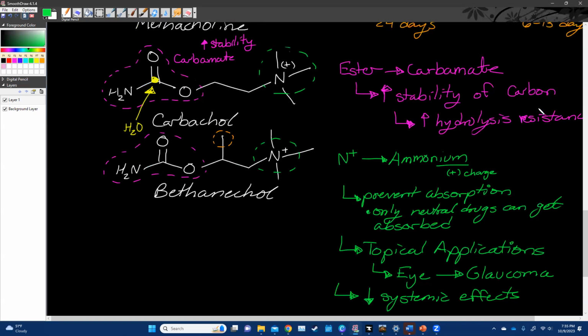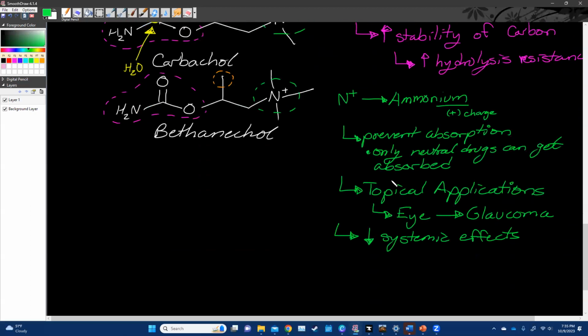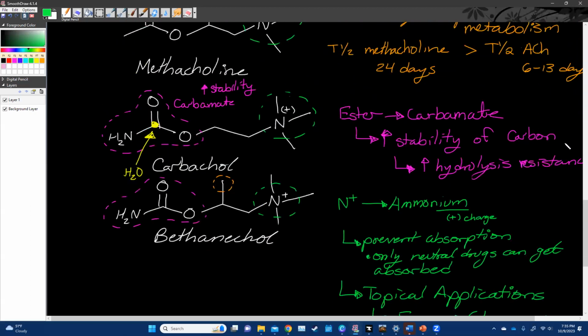Carbamate is going to increase the stability of the ester and increase hydrolysis resistance, no matter what drug it's in. So don't focus so much on what's in the actual structure. Focus more on what each component does, which is why I broke it down that way.